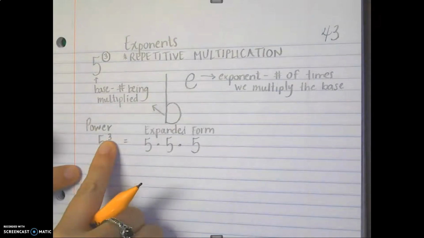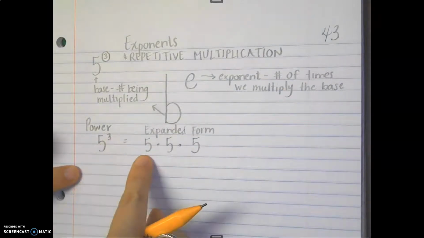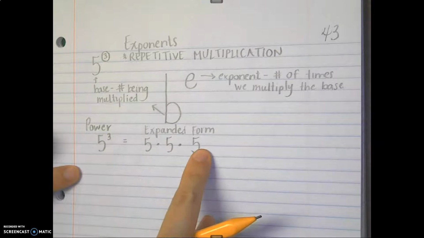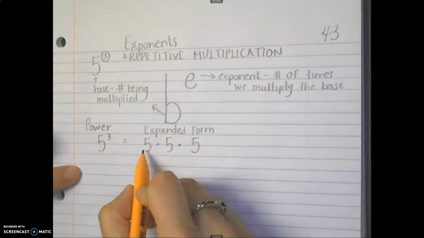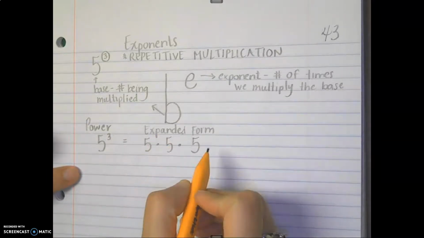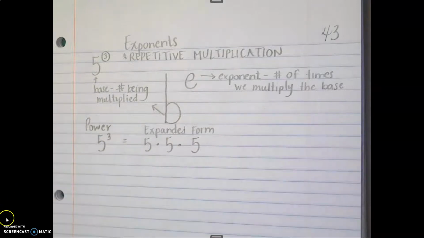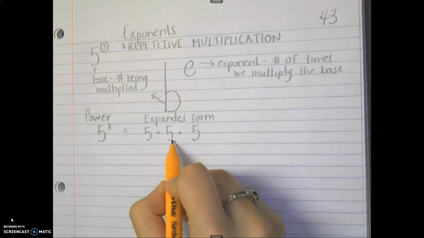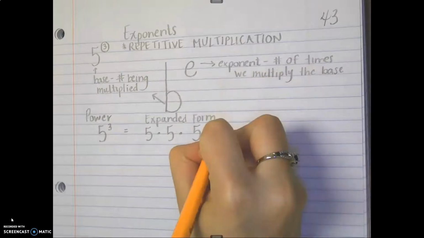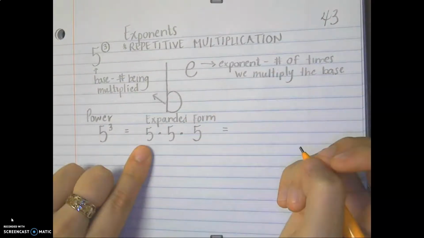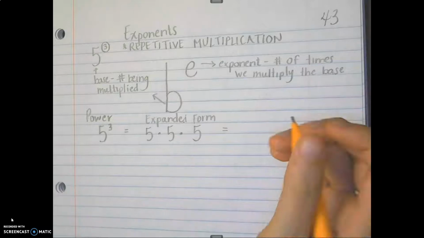Since my exponent is 3, that means we're going to multiply 5 3 times. So 5 times 5 times 5, and then we're going to solve. And we're just going to multiply left to right.